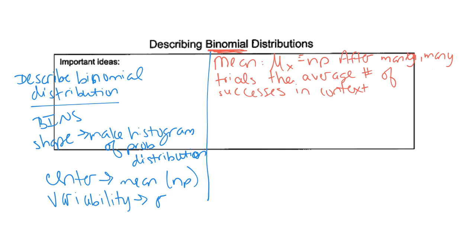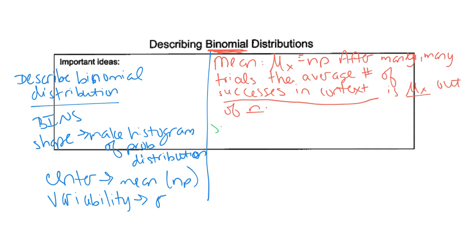All of this should be in context. The number of successes in context is whatever value we calculated out of n. So that's a basic sentence stem for you there.